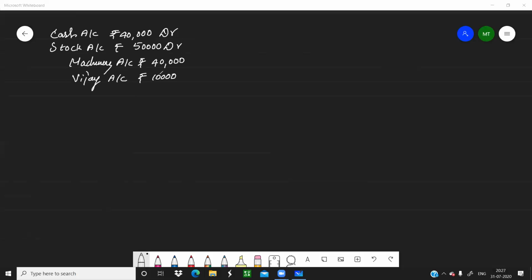The total amount is rupees 1,40,000. Then you prepare to Vinod's capital account, the amount being the total amount.